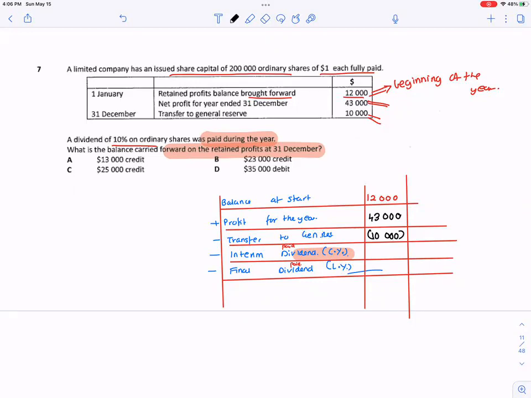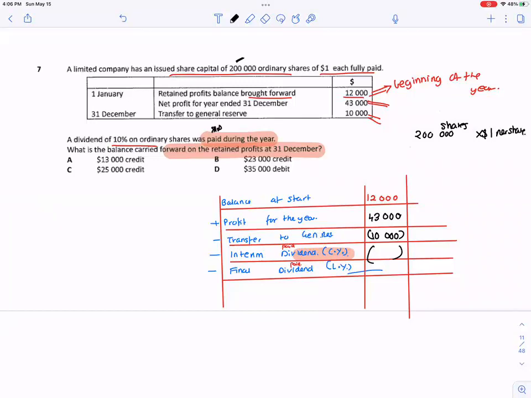Dividend paid during the year: I don't know whether it's interim or final, I can just subtract it as long as they have told me it is paid. They have paid 10% on ordinary shares. So ordinary share capital is 200,000 shares into $1 per share.